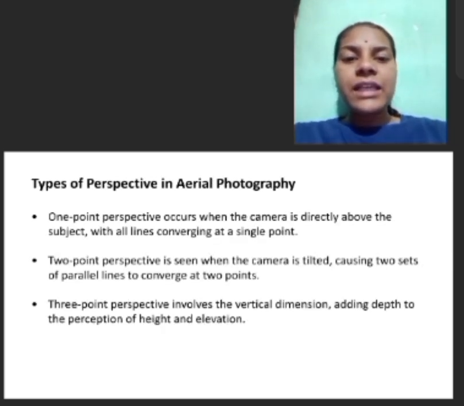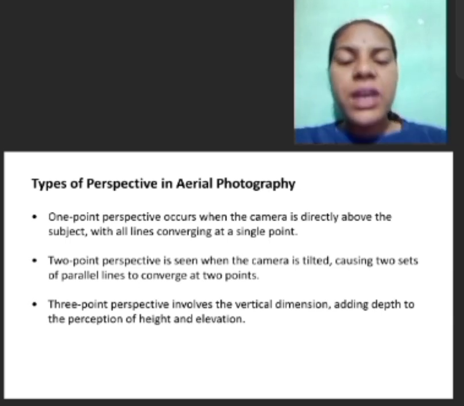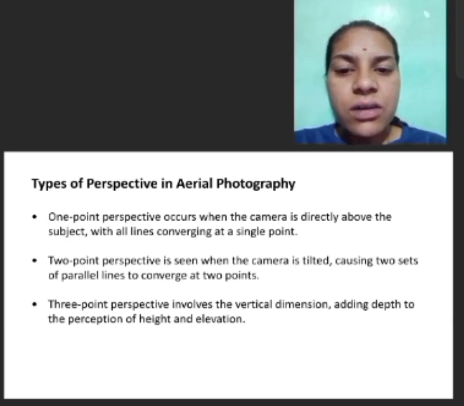In this slide, I explain the types of perspective in aerial photography. One point perspective occurs when the camera is directly above the subject with all lines converging at a single point.